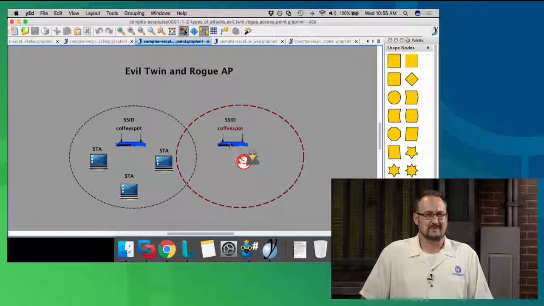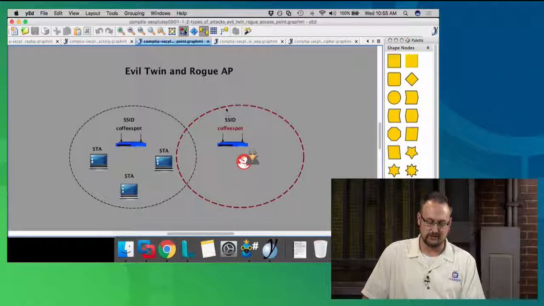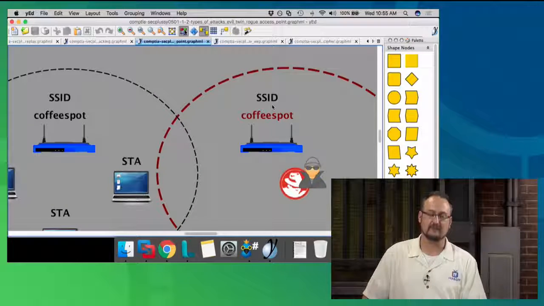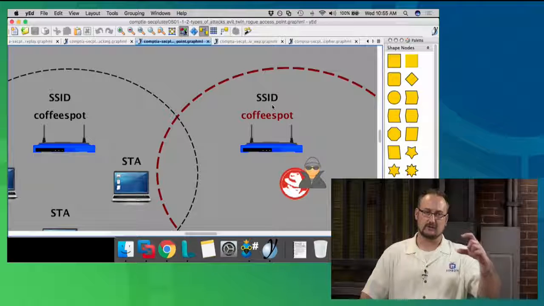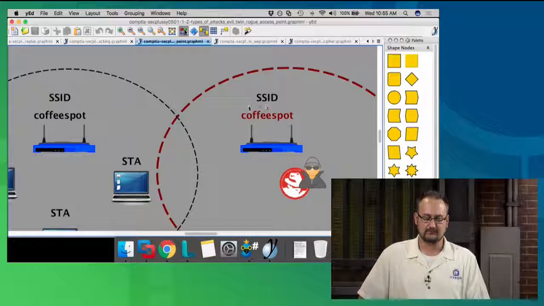Now, the evil twin is still a rogue access point, but it goes a little bit farther. Now they're trying to be a little bit tricky, okay? What they do is they take, for instance, something like your SSID, the service set identifier. Think of it as the network name. It's how I identify what networks are out there, right? In the little list that you have on most of your mobile devices. Well, imagine if I brought up a rogue access point and I did an identical SSID in every way.